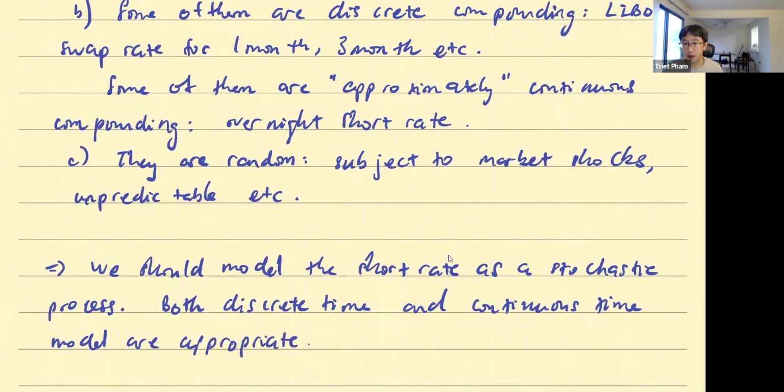With stock price, a discrete time model like the binomial tree seems a little bit artificial. It's just an approximation, the first thing we look at to make it easy.